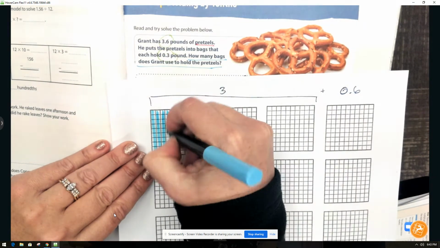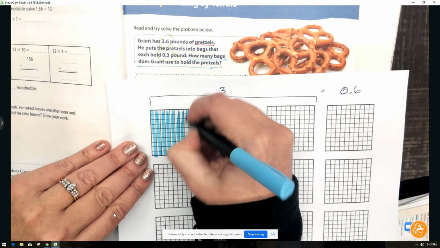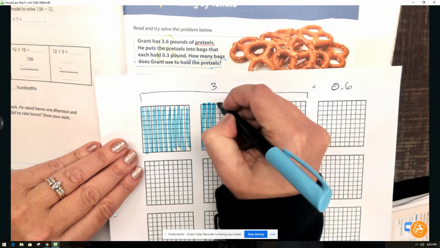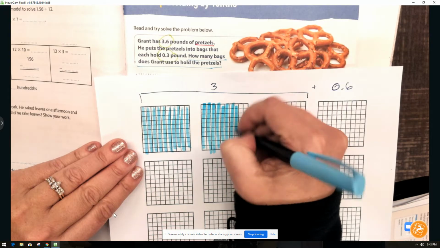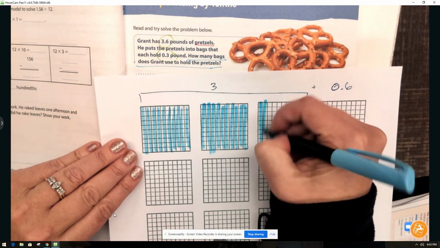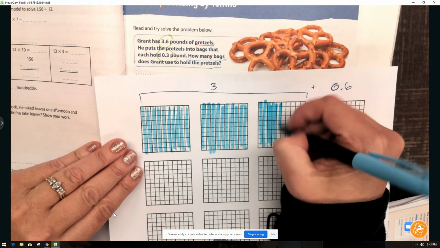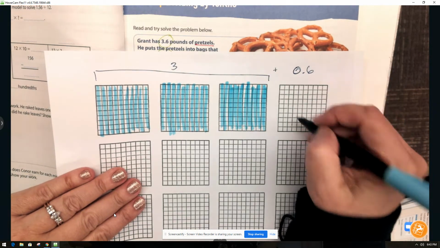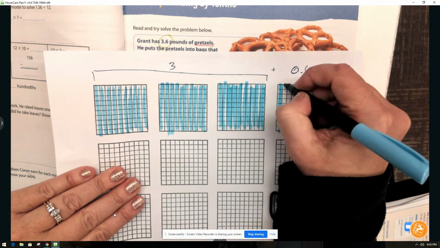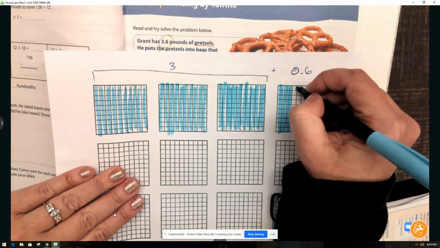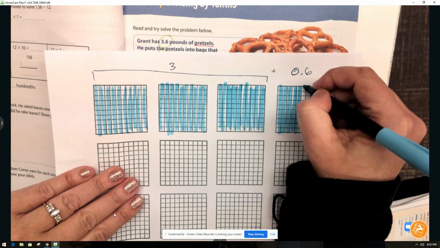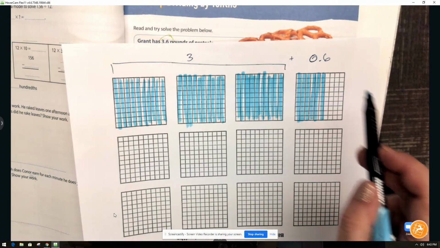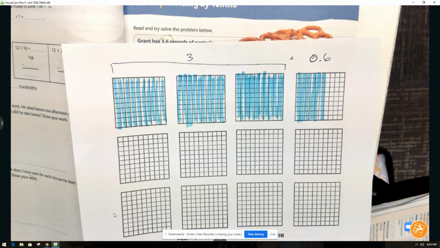So this is one grid that's all the way full, another grid that's all the way full, another grid that's all the way full, and then 6/10 of this one is full. So 1, 2, 3, 4, 5, 6. That's a really rough drawing, but as you can see, we have 3 6/10 full.